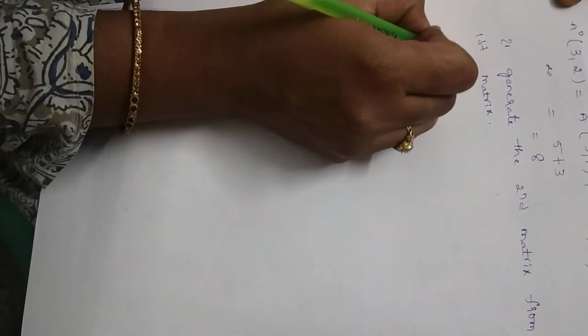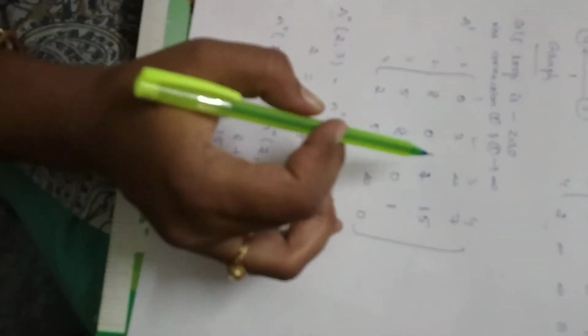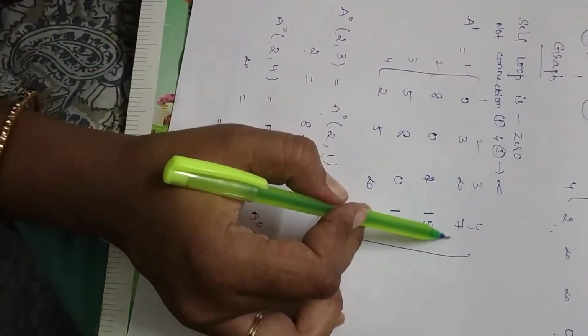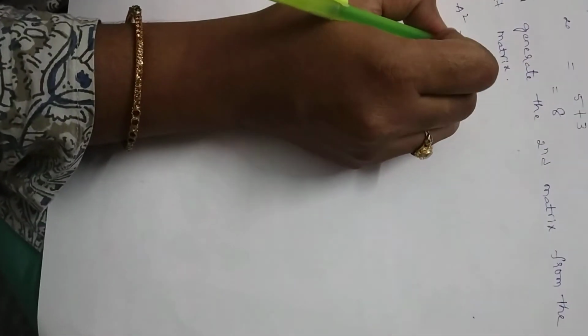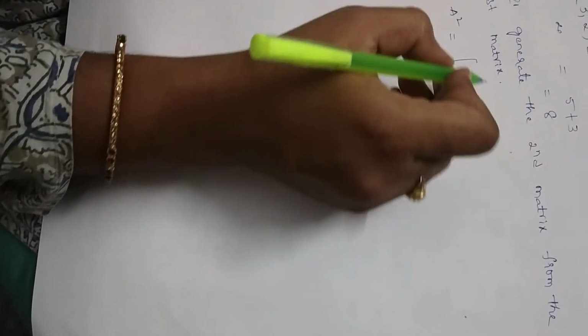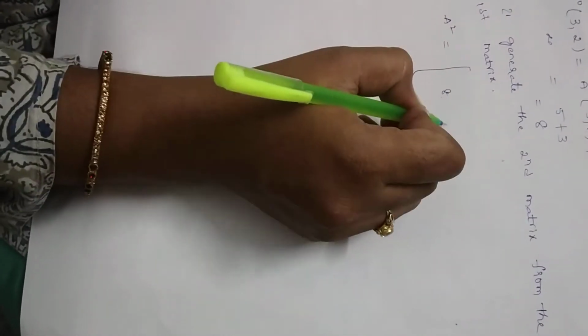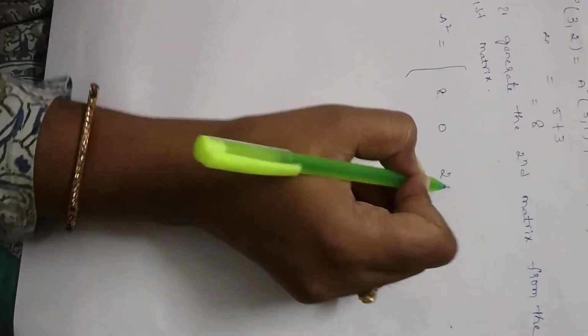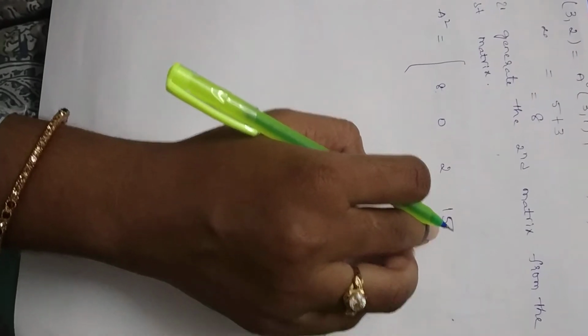For A^2, take the first matrix and generate the second matrix. Take the second row and second column; the remaining diagonals are 0. So the second matrix values are: second row 8, 0, 2, 15.